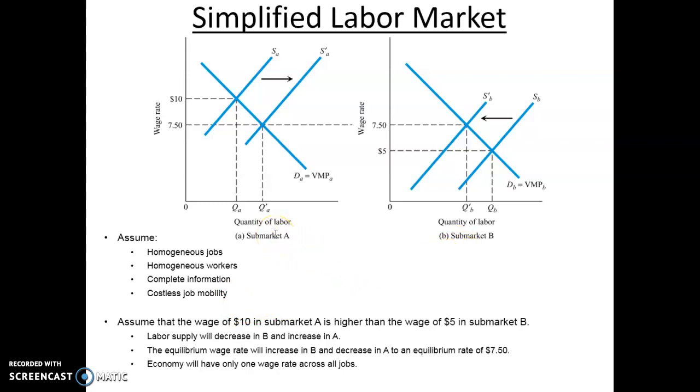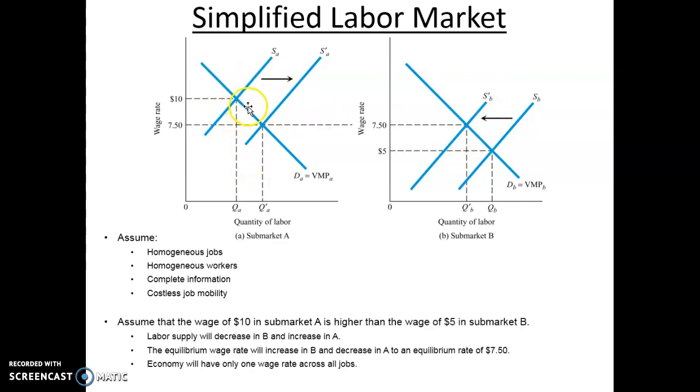When that transition occurs, the supply curve that we started with in submarket B is going to begin to shift to the left. And we're going to see a new equilibrium pursued towards $7.50 an hour. But as these workers in submarket B move to the left, we're going to see a commensurate shift in submarket A, because this is where they're going, to the right.